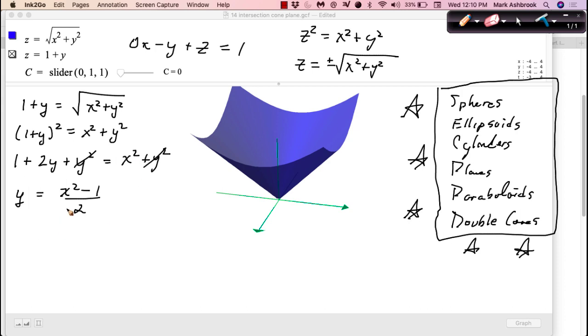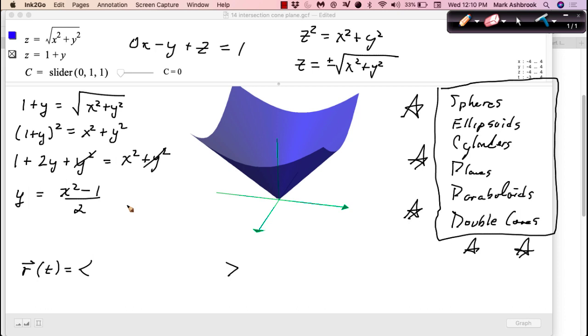Now we're thinking about writing this as a vector function, right? And so now I've got z equals 1 plus y, and y equals x squared minus 1 over 2.